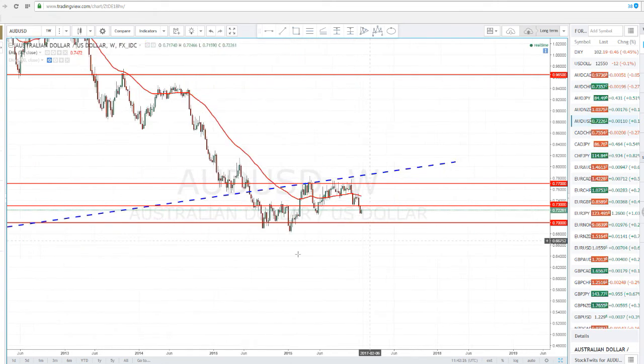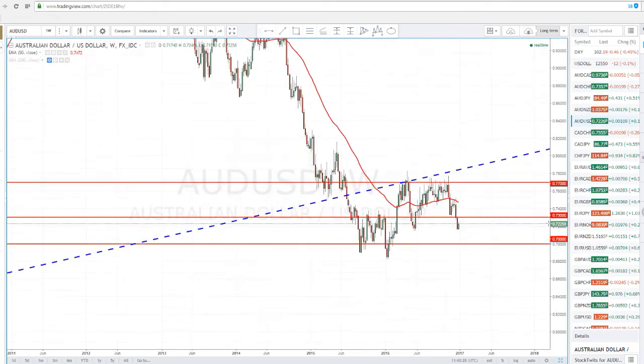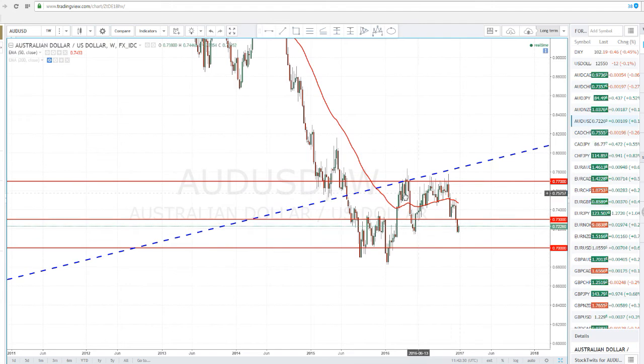Pattern wise, we've actually created, you could say, a double, triple top, or multiple high tests across the 77 level. So it showed to me that the weekly 77 was the key line in the sand. If we broke above 77 and broke above the trend line, that means we'd have a fake out, but we never got that. So it shows to me this level held very, very strongly, which is nice to see if you want to take it short.